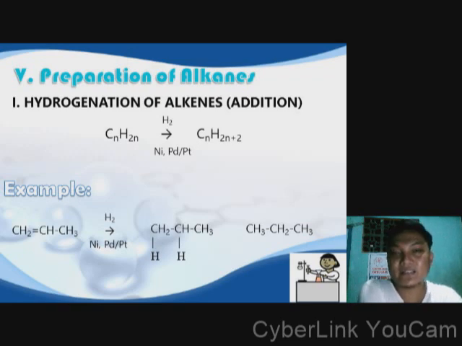From alkene, the general formula for alkene is your CnH2n through your catalyzing agents, your hydrogen atom and your nickel, your palladium and platinum, coming up with your alkane already, which has the general formula of CnH2n+2.